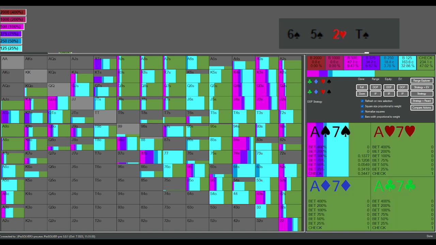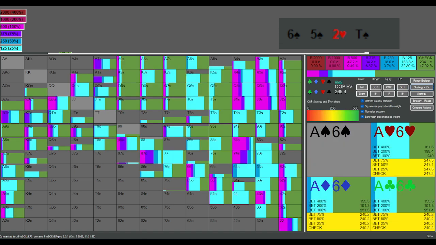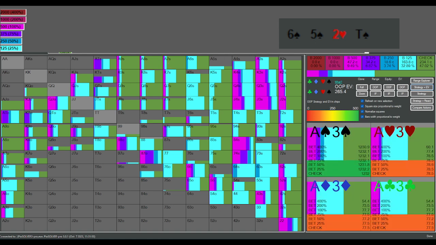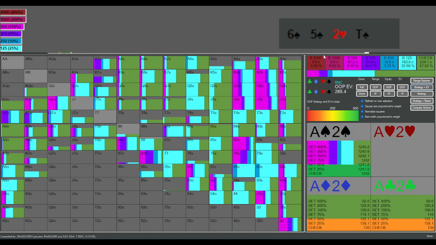Because if we bet very big, their continues are generally going to have a spade in them. So then the expectation of how often we can get a bet in on the river with a non-flush hand is just a lot less.